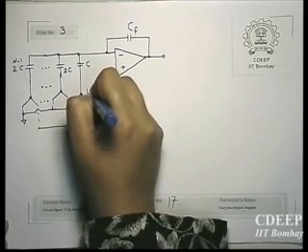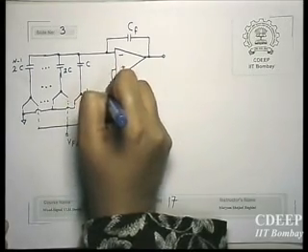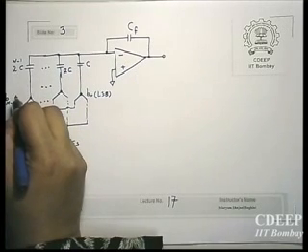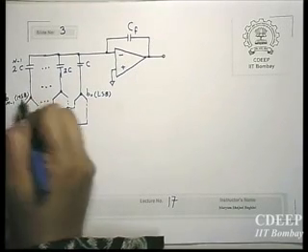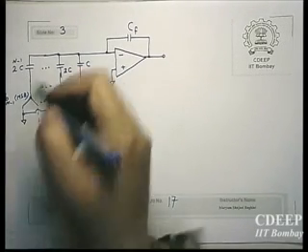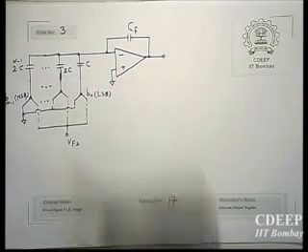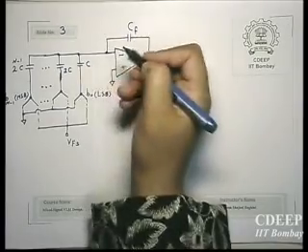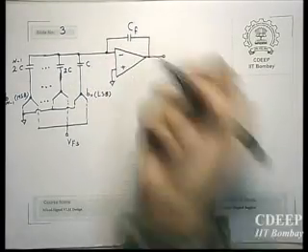Therefore, this is B0, LSB on the right, and Bn minus 1, MSB on the left. So it's the same ladder. Only what we are doing is we are just connecting a capacitor, and then now making this output node, which was already output voltage, now a virtual ground.